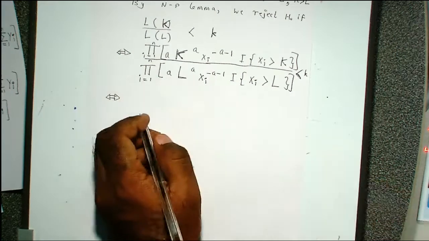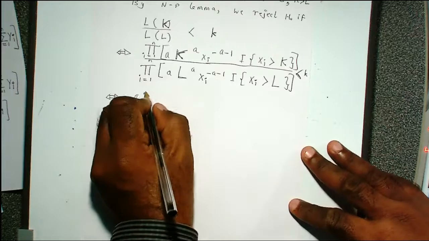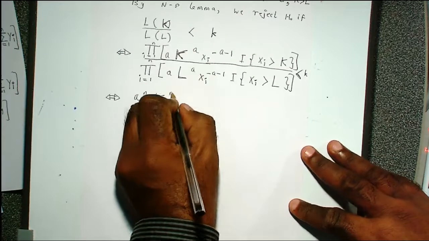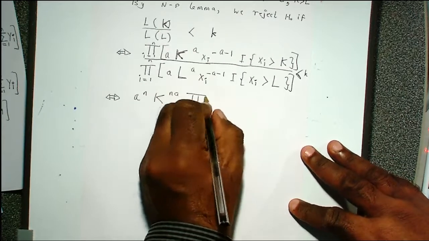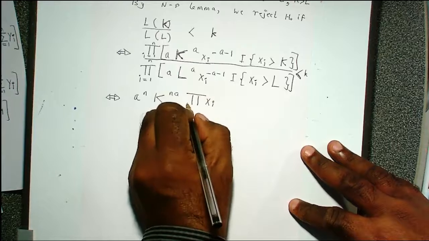You should simplify this. You get a to the power n, capital K to the power na, then the product of xi, i from 1 to n.